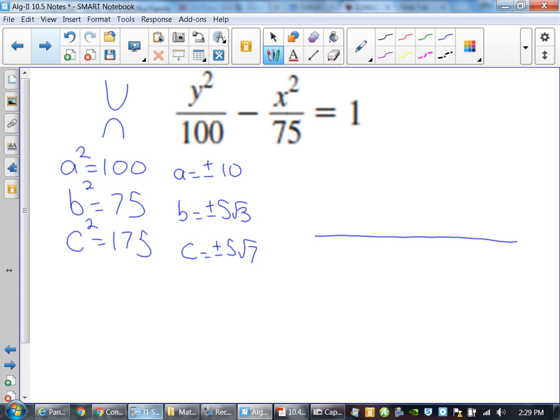We know that it's going to be vertical. 1 little, 2 little, 3 little spots, 4, 5, 6 little spots, 7, 8, 9 little spots, 10. Here's my vertex. 5 root 3. Well, the square root of 75 is larger than the square root of 64, but smaller than the square root of 81, so it's between 8 and 9.